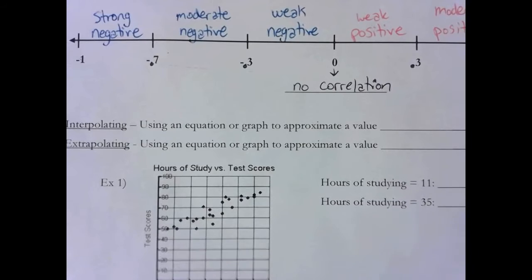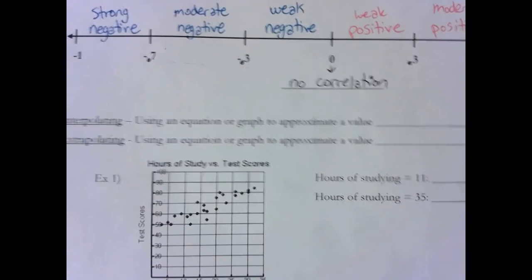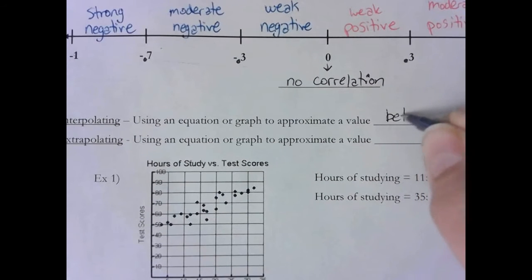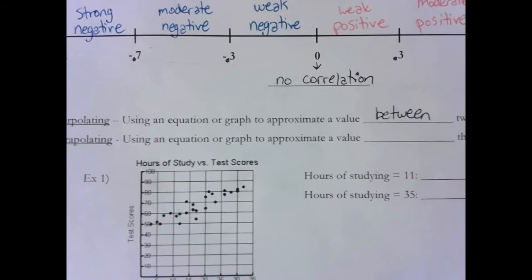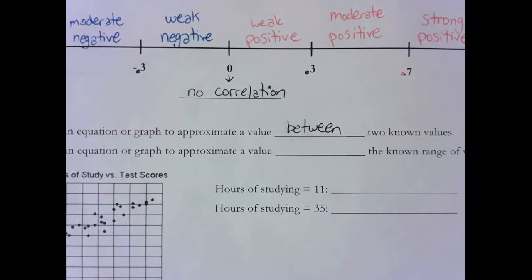Interpolating is when you're using an equation or graph to approximate a value between two known values. So inter, I-N-T-E-R, that word root means between. So someday if you take the SAT, it'd be good to know inter means between.